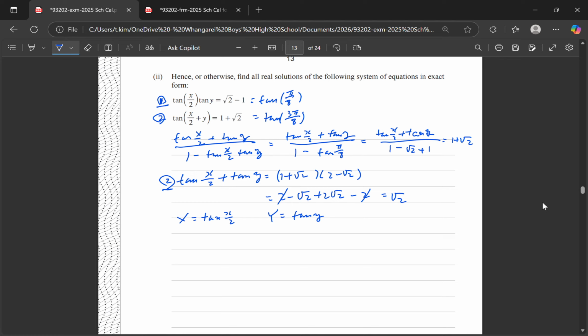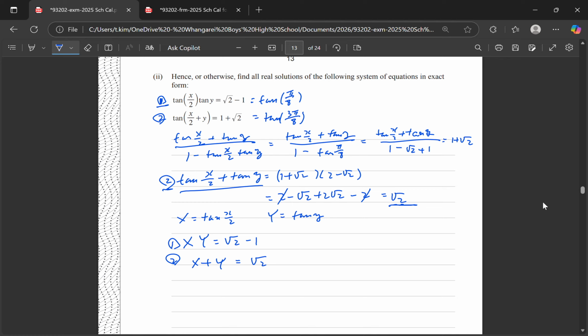So that means equation number 1 is XY equals √2 − 1. Much simpler this way, right? So this is equation number 1 now. Equation 2 is, what is it? According to this, X + Y equals √2, right?